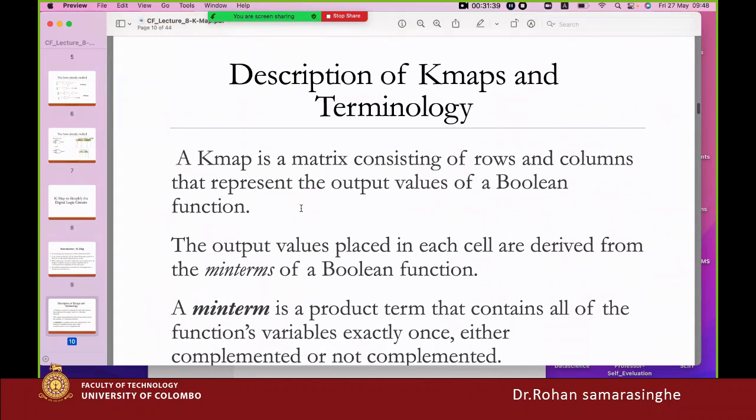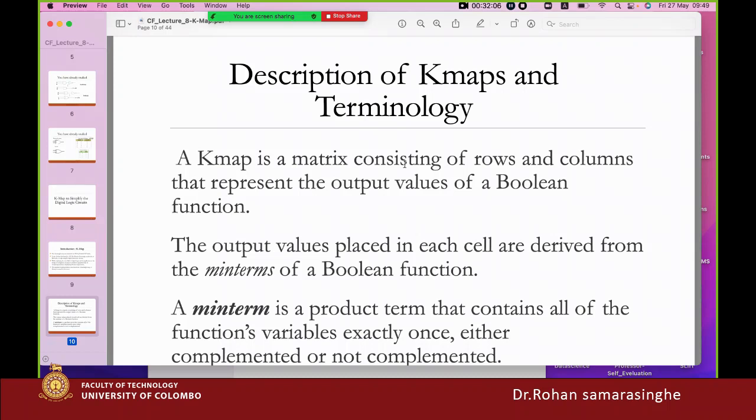There are some terminologies. First of all, you have to understand the K map is a matrix consisting of rows and columns. We are going to draw this Boolean expression in a certain table diagram. The output value is placed in each cell and derived from the minterms of the Boolean function.